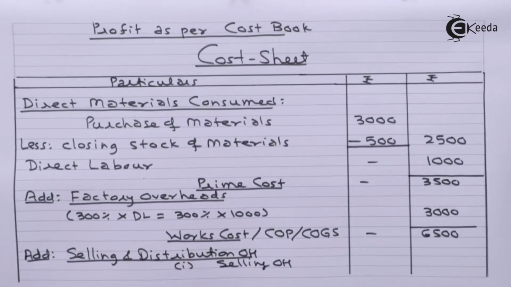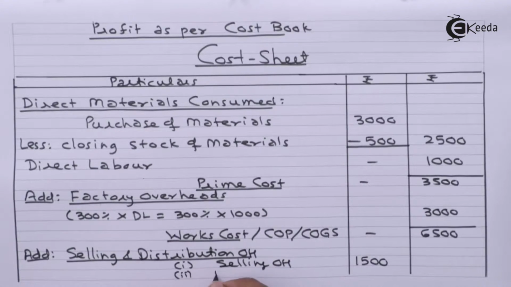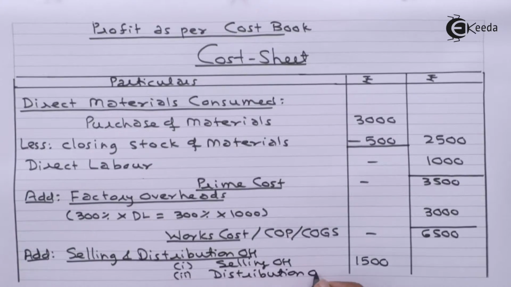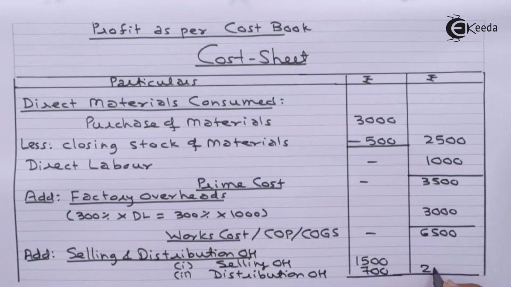Selling overheads as per cost sheet they have given 1500. Distribution overheads 700. So total selling and distribution overheads 2200. It will be added to cost of production.